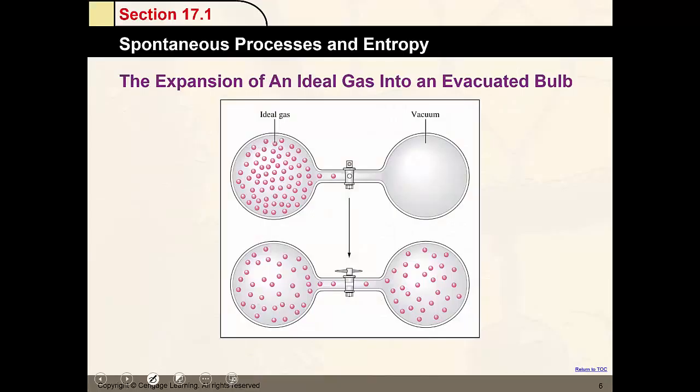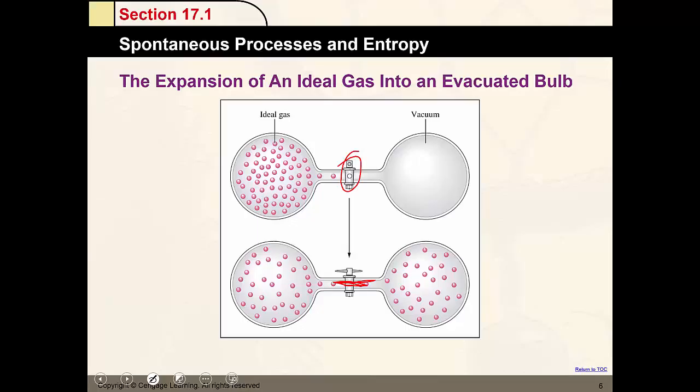Okay, and using that example of a gas filling its entire container, if you have two bulbs here and the valve is closed, you can open it and spontaneously all these gas particles will flow through to fill both bulbs.